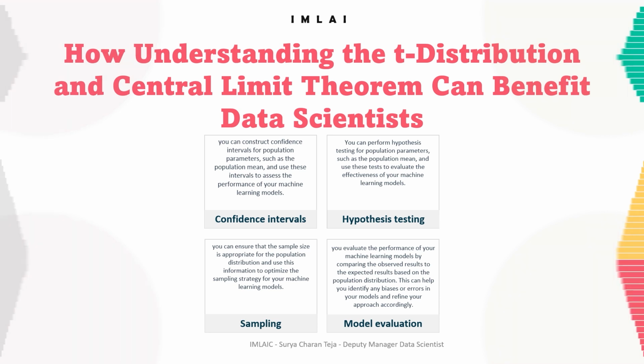By leveraging these concepts, you can improve the accuracy and the effectiveness of your machine learning models and make more informed decisions based on the statistical analysis. So that is the reason. That's why you have to understand the t distribution and central limit theorem. So whatever I teach you, I will tell you why I'm teaching you.